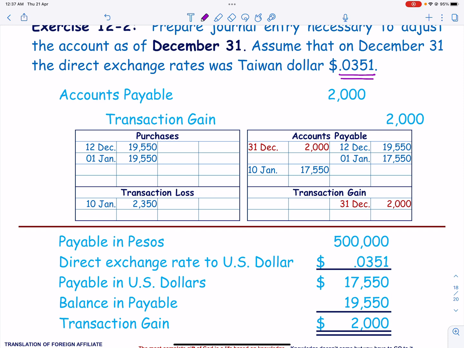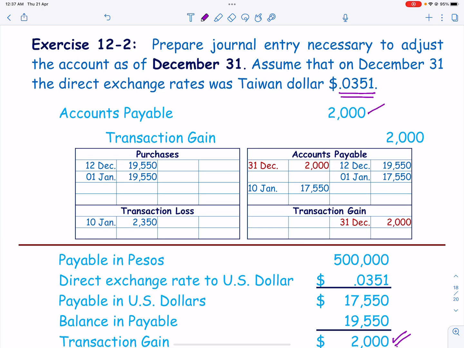So we pay $2,000 less, and that is a gain, and we would be paying 2,000 less on accounts payable. So now accounts payable is debit and transaction gain is credit. However, we still have to settle the account on the settlement date, and let us see how to do it in the next slide.